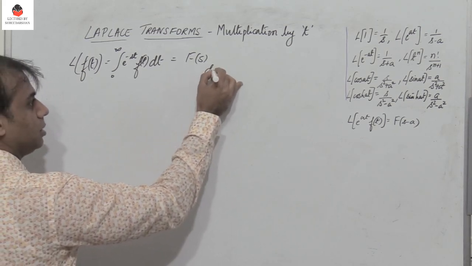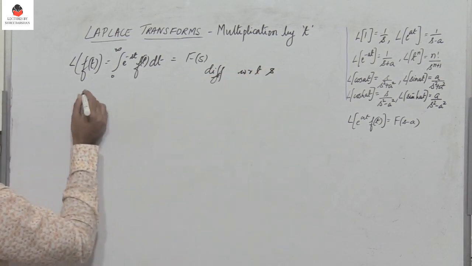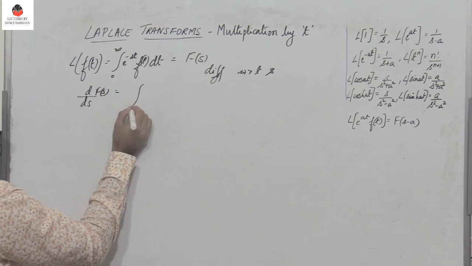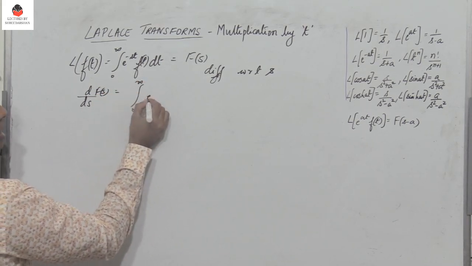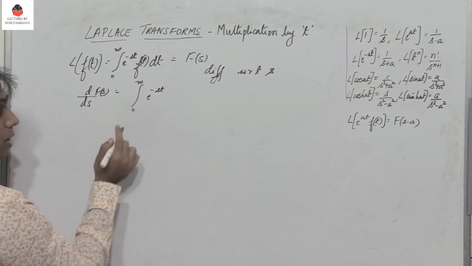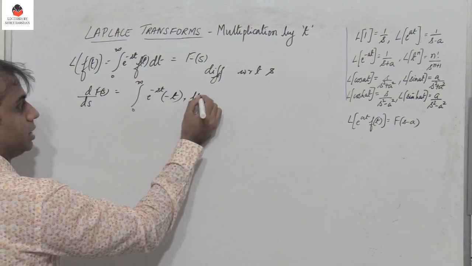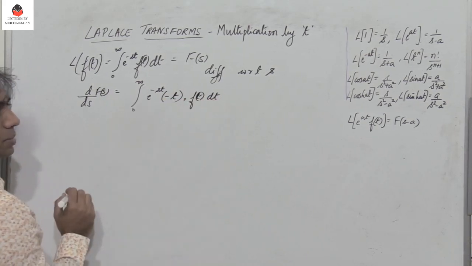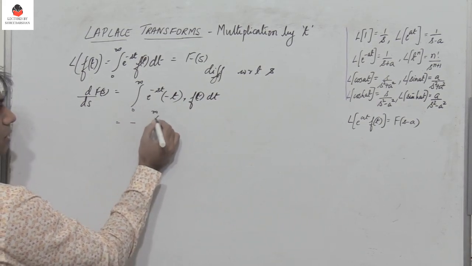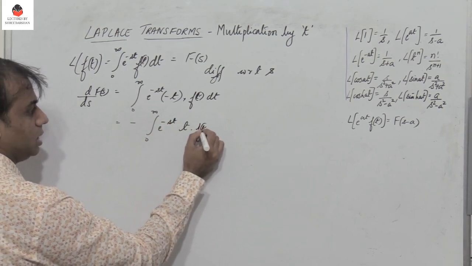So differentiating the expression with respect to s, you have d by ds of f of s equals 0 to infinity e power minus st. So I'm differentiating this with respect to s, so I get minus t into f of t dt. Right? So I take minus sign outside, so it is minus 0 to infinity e power minus st, so you have t f of t dt.